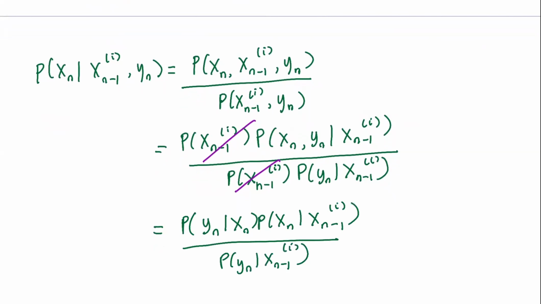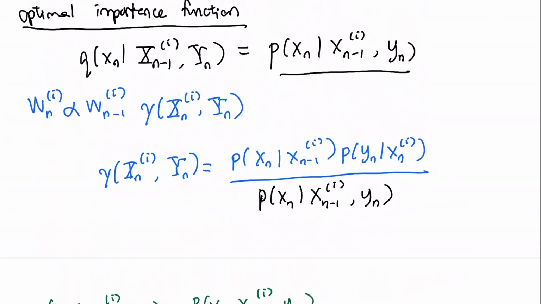But ultimately what you can get is this, right? So the denominator, my optimal importance distribution, I can get into this form. And the reason this is nice is because the likelihood function is here and the state transition distribution is here. And these two things are going to cancel with the numerator term in gamma, right?